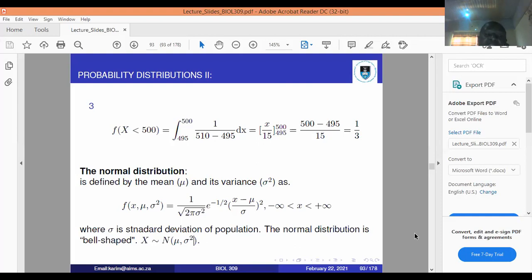But in the case of the count, you cannot have fractions because you can't have 2.5 newborn babies. We can't have 3.6 COVID-19 cases. We are counting people. You can't have decimals in them. But under the normal distribution where the data is continuous, then we can have fractions in that. And we're saying that X is normally distributed with mean mu and then variance sigma squared.